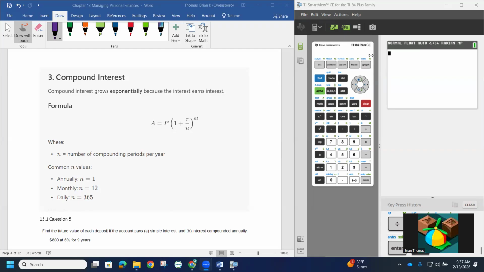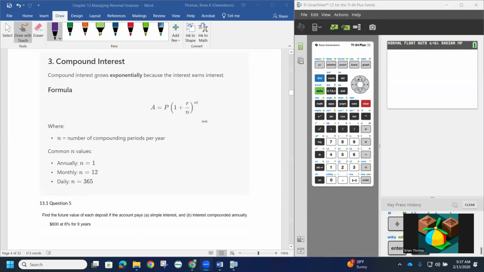So when it comes to compounding, the formula gets a little bit different. Notice how this is the final amount. It doesn't actually calculate interest; it calculates the final amount. So it's going to be the initial amount, and then we have this formula, 1 plus R, where R is the yearly rate, but we have to divide by N to determine the interval that we're compounding in.